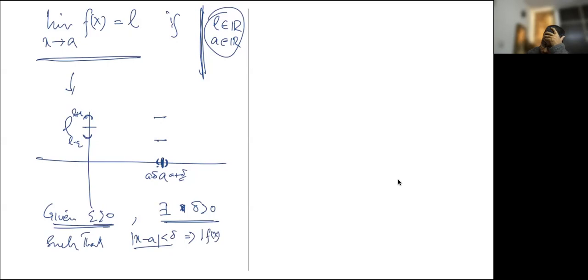That is, f(x) should be within epsilon. That is, |f(x) minus L| should be less than epsilon.